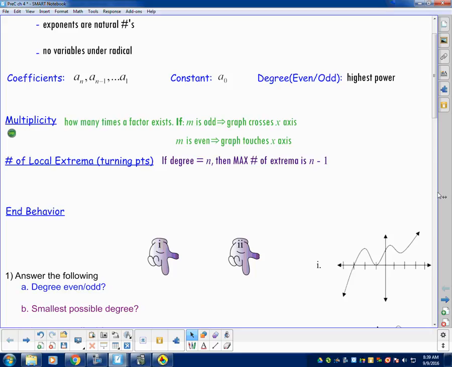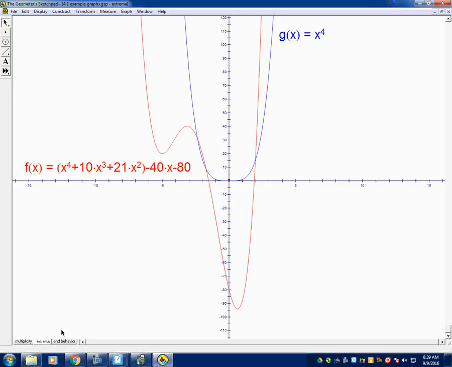Now, with the cubic, I'll show you my sketch pad here. Actually this is a quartic, so 4th degree. With a 4th degree, what I claim there is you could have a maximum number of extrema that is 4 minus 1 or 3.